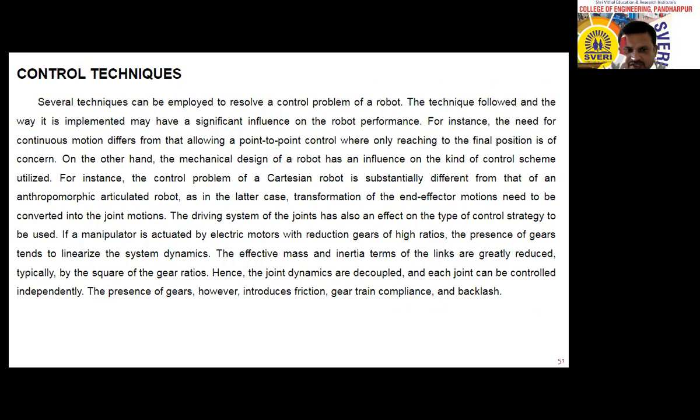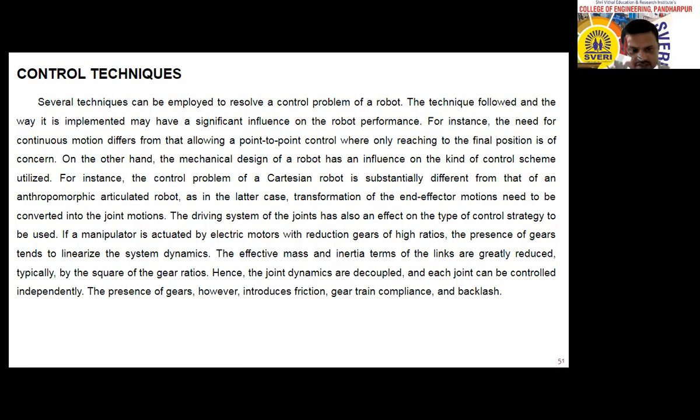For instance, the need for continuous motion differs from that allowing point-to-point control, where only reaching the final position is of concern. On the other hand, the mechanical design of a robot has an influence on the kind of control scheme utilized.